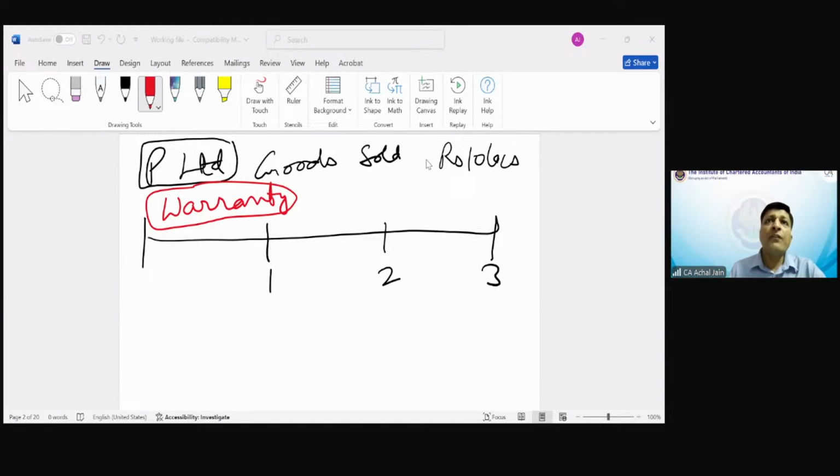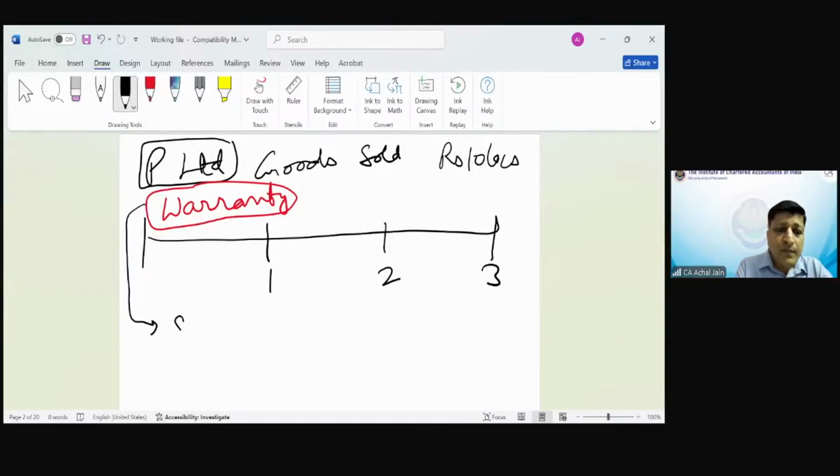Now on the part of P Limited, because the goods are sold worth rupees 10 lakhs today, you can say two types of outflow of resources are possible. There are two types. So this warranty can result into two types of outflow.